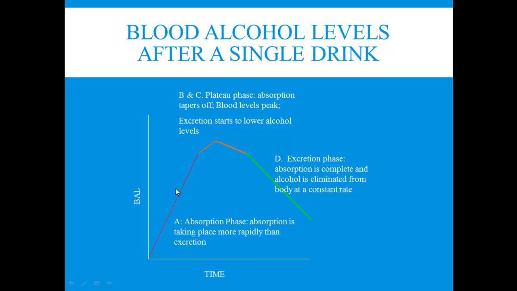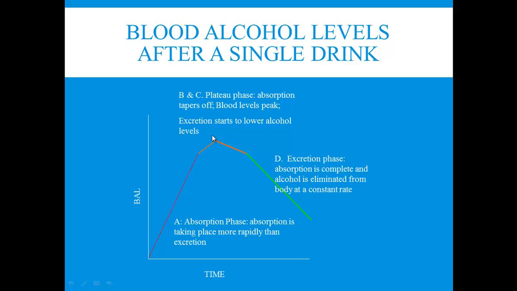The blood alcohol levels are rising. Now, obviously, because the individual is drinking and it's being absorbed into the bloodstream, your textbook says that absorption is taking place more rapidly than excretion. In actuality, you have very little to no excretion happening during this absorption phase.